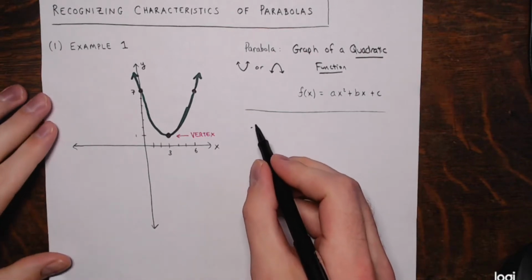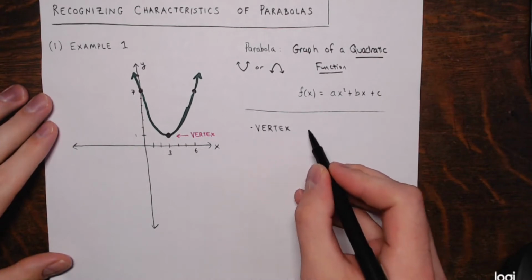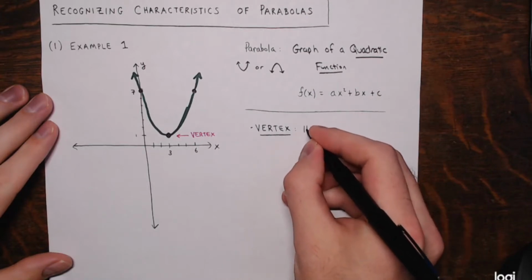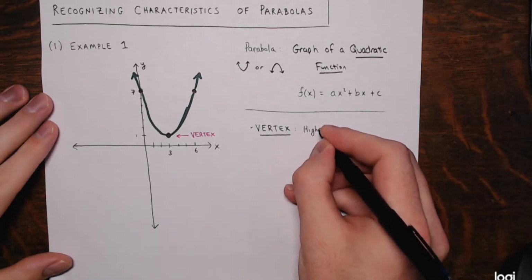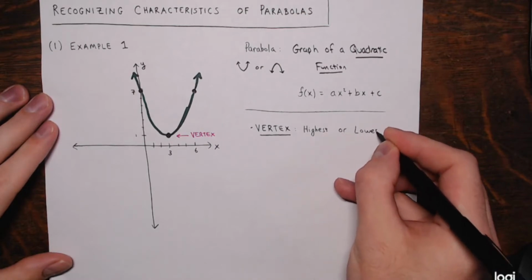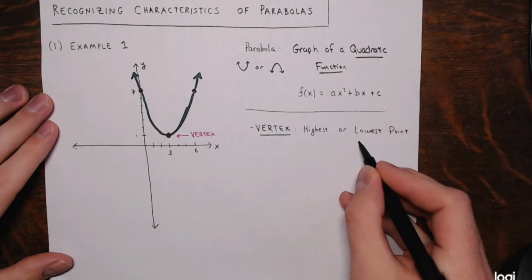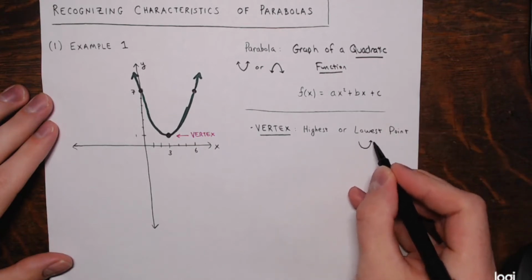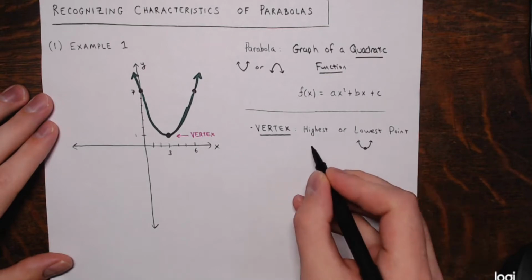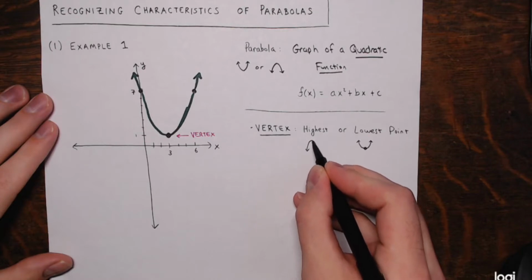So the vertex of a parabola is the highest or lowest point, depending on which way it's opening. If the parabola is opening up, it's that lowest point. If the parabola is opening down, like this, it's the highest point.